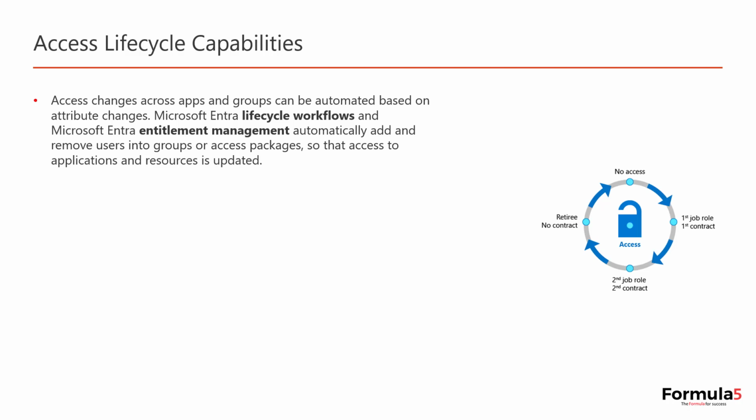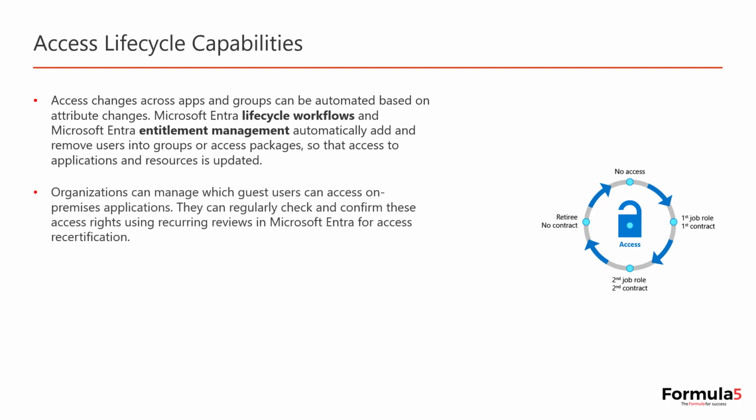So with Microsoft Entra Lifecycle Workflows and Microsoft Entra Entitlement Management, we can automatically add and remove users into groups or access packages so that access to applications and resources is updated automatically. Organizations can also manage which guest users can access on-premises applications. They can regularly check and confirm these access rights using recurring reviews in Microsoft Entra for access recertification.